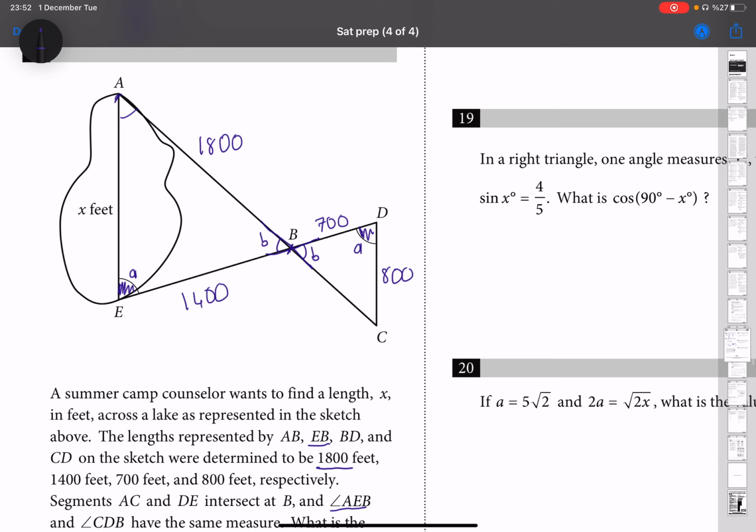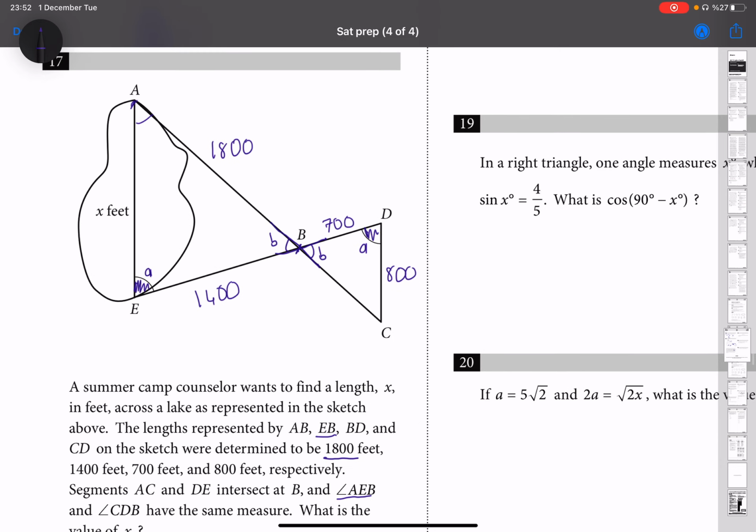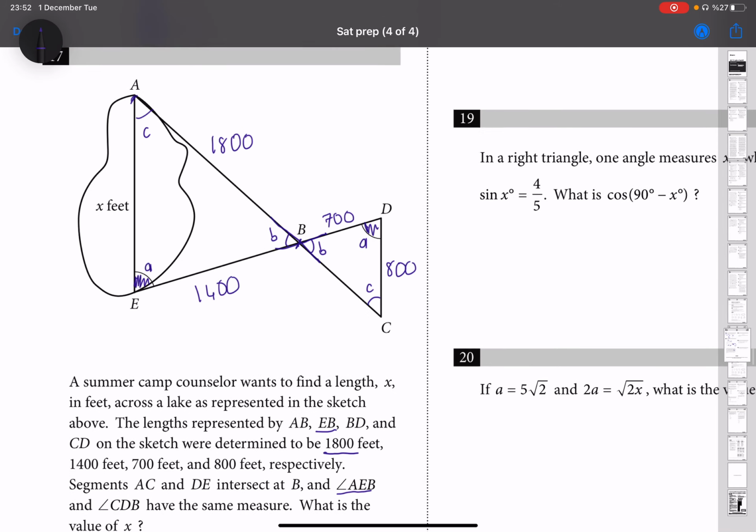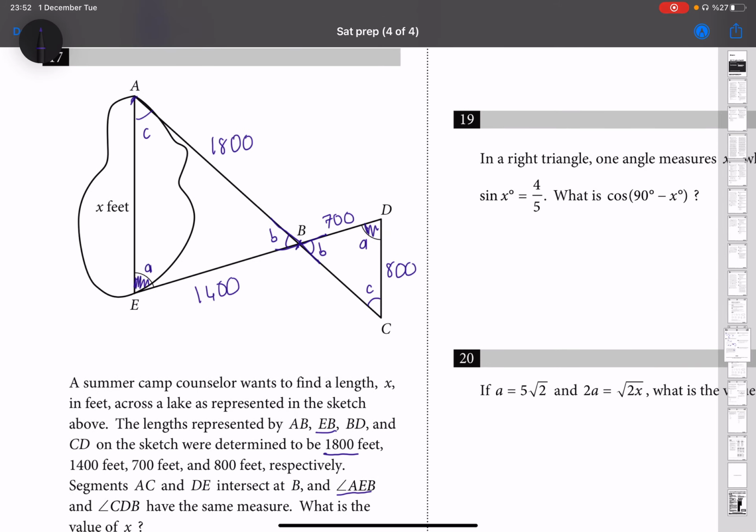Since both of them are triangles, the remaining angle should also be the same, because the sum of all internal angles of a triangle is 180 degrees. So we realize that these two triangles are similar triangles.